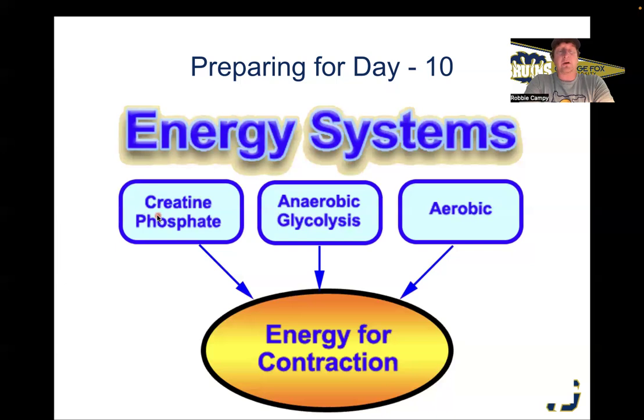It has the substrates that it needs stored right within the muscle cell already. It doesn't require any oxygen and it doesn't produce any lactic acid. So that's the immediate energy system, of which creatine phosphate is an important component, but we're going to introduce you to ATP a little bit more as well.